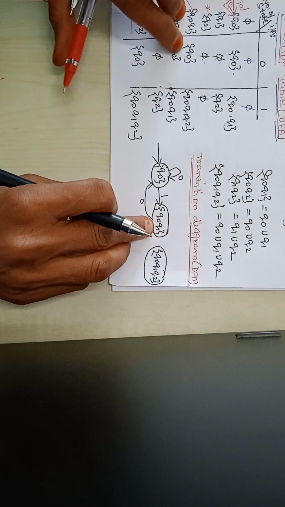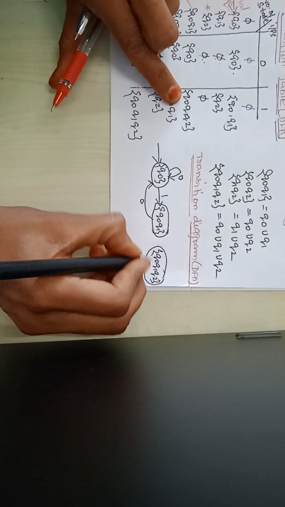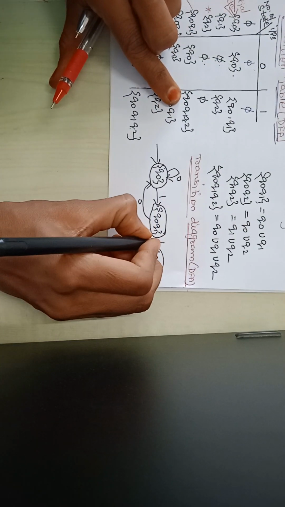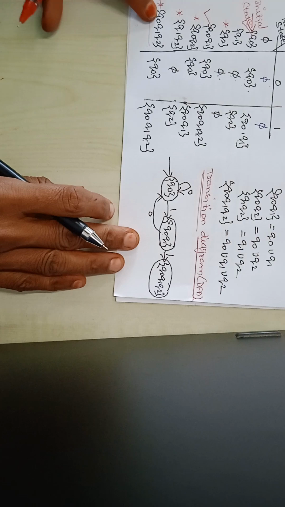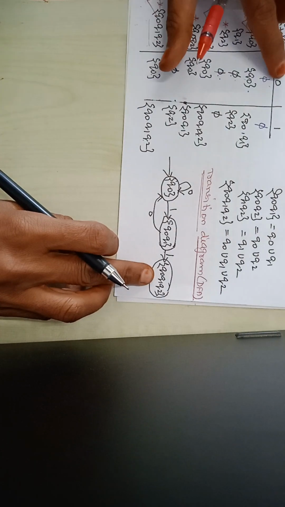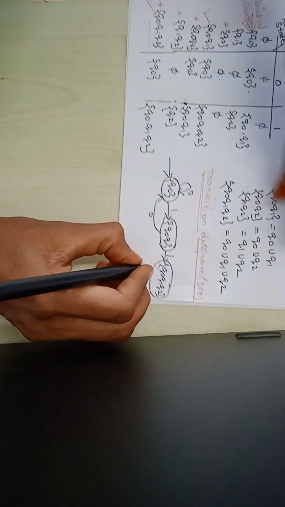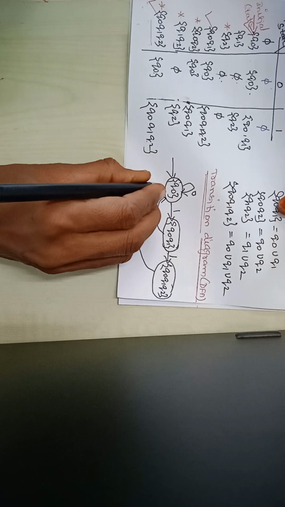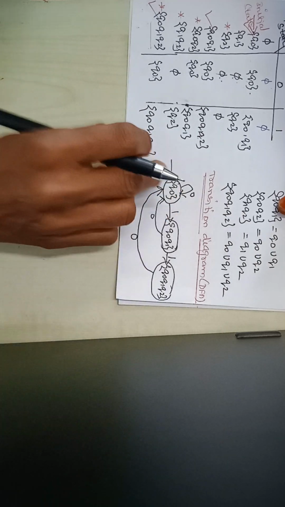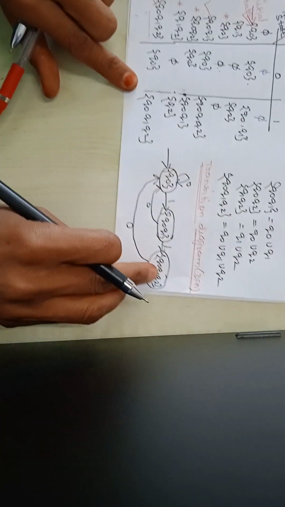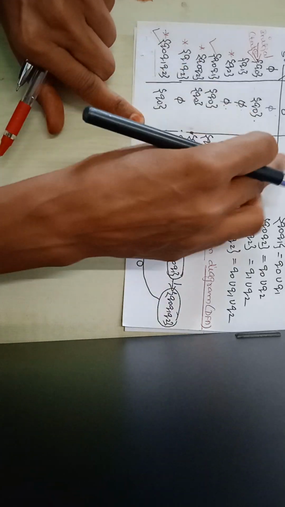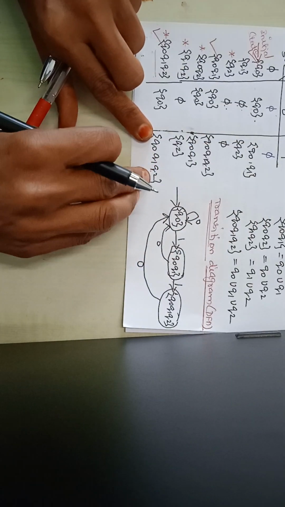Q0 Q1 comma 1 means Q0 Q1 Q2, so 1. Then Q0 Q1 Q2 comma 0 means Q0, the transition goes to Q0. And Q0 Q1 Q2 comma 1 means Q0 Q1 Q2.